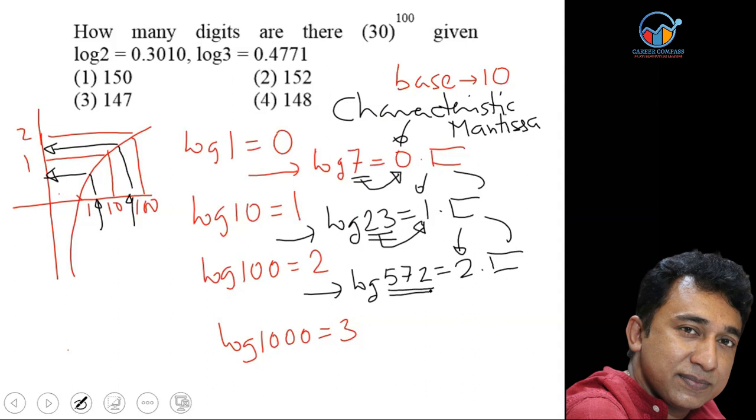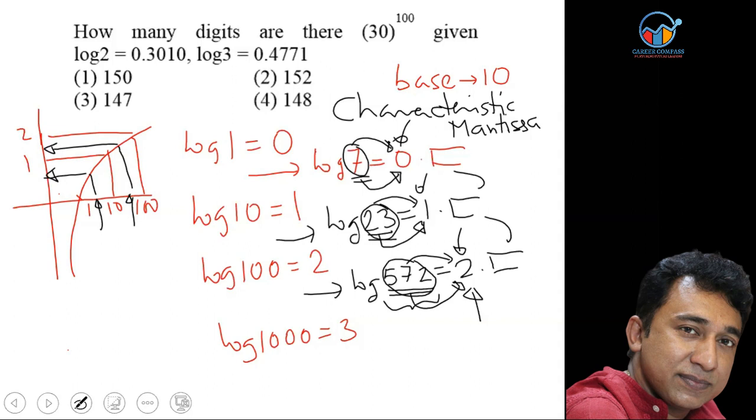If I have three digits here, then the characteristic is 2. So what I mean to say is, the characteristic that we get is always value-wise 1 less than the number of digits of the number for which the logarithm is being taken. I repeat, the value of the characteristic, that is the integer part, is 1 less than the number of digits of the number. For example, it's a 3-digit number, so the characteristic is 2. It's a 2-digit number, so the characteristic is 1. It's a single-digit number, so the characteristic is 0, and so on.